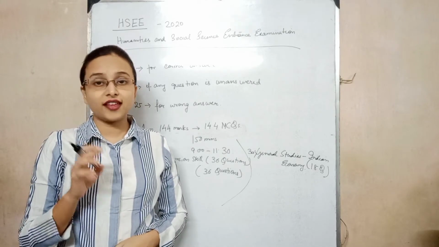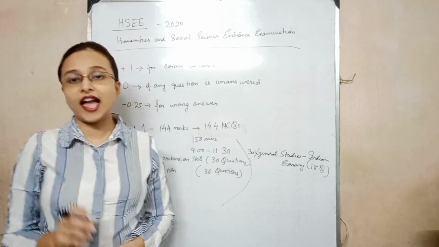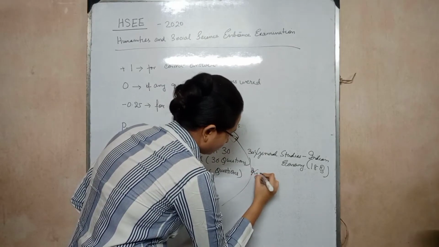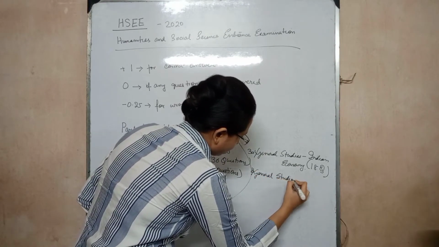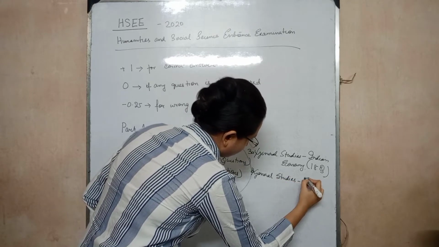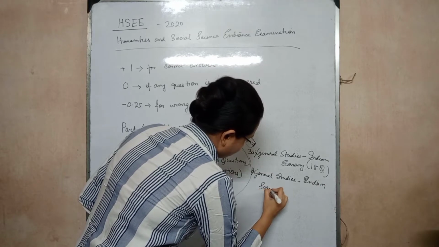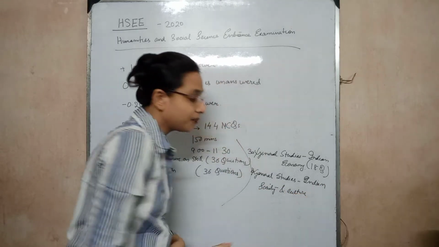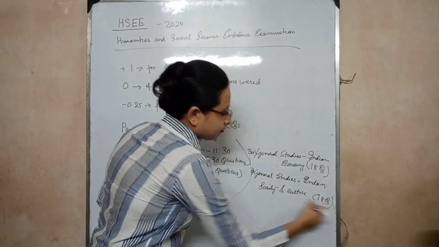The next section is section B, general studies relating to Indian society and culture. Okay, now this will also have 18 questions.